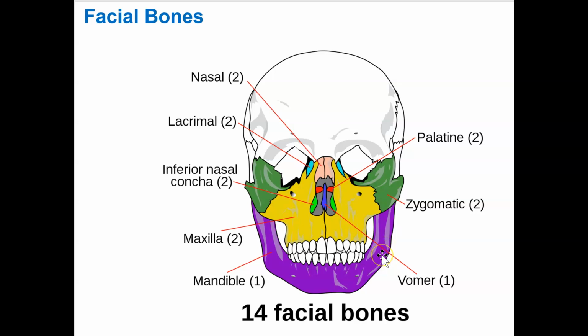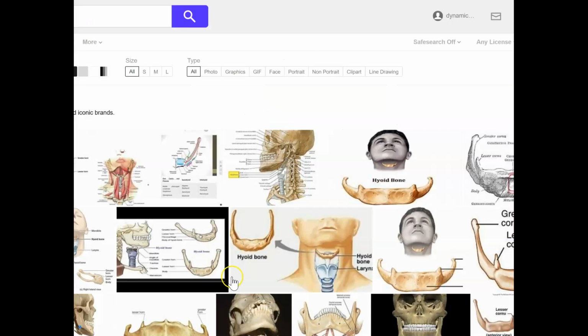So if you were to put your 2 fingers just inside of the mandible and talk a little bit or move your tongue, you'll be able to feel that bone moving around. It's the only bone in a human body that doesn't articulate with other bones. And you can actually see a couple of views of it here and over here. It's the one that's often broken in cases of strangulation.